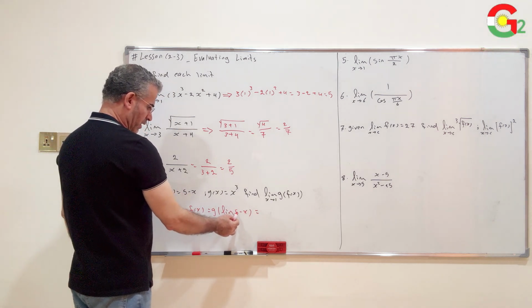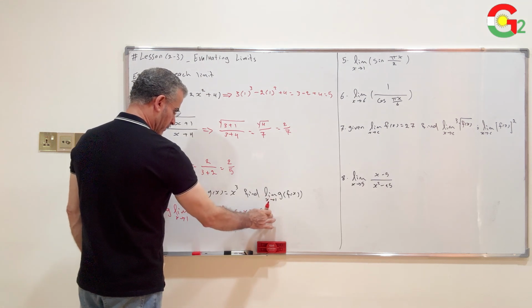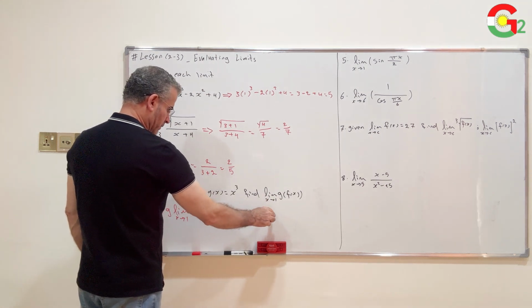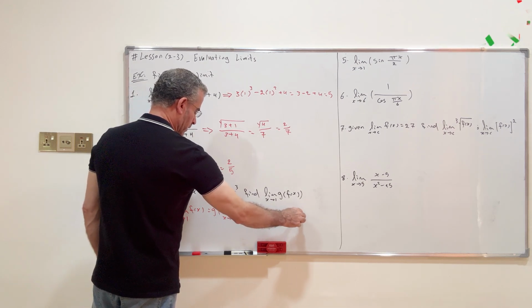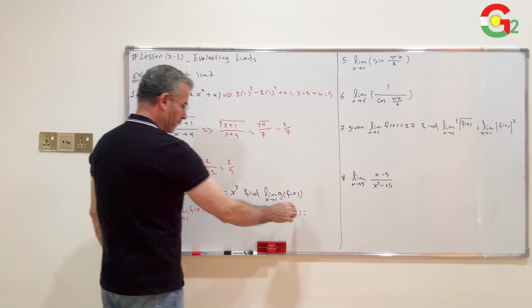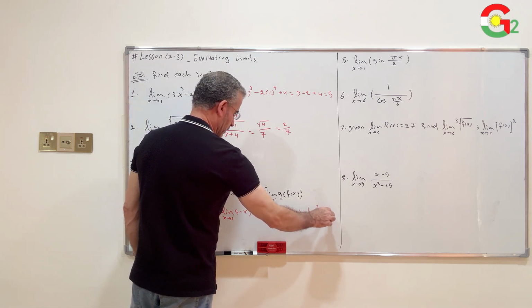Substitute every x with 1, then g of 5 minus 1 equals g of 4 equals 4 to the power 3 equals 64.